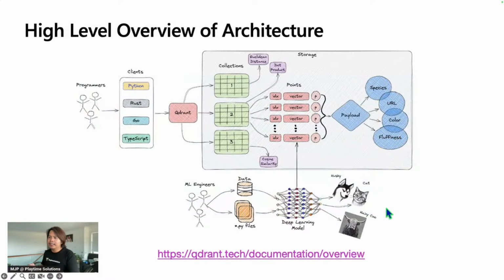So here's the high level overview, or the architecture of Quadrant, right? If you look here on the left, by the way, it's very fascinatingly illustrated by the team. On the left, the programmers or developers probably have an application, like a web application or mobile application, and most likely they're interacting with something like a web API or a backend, right?